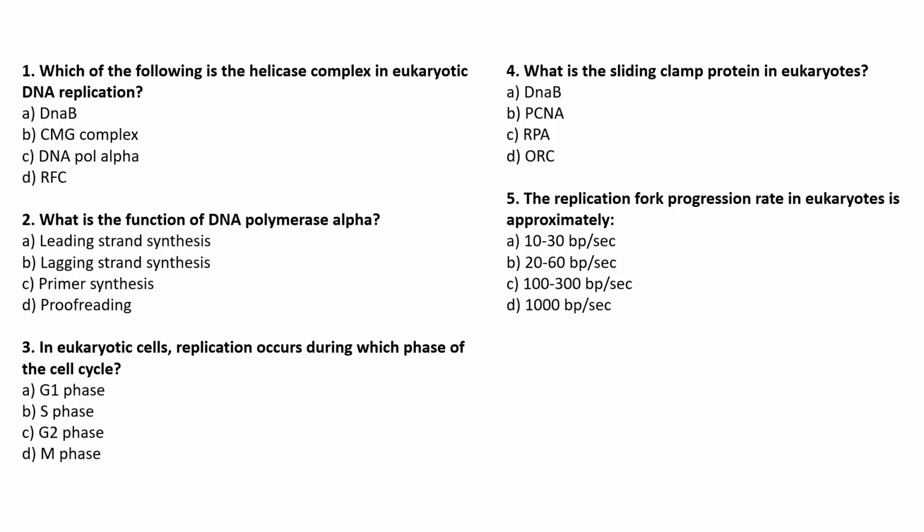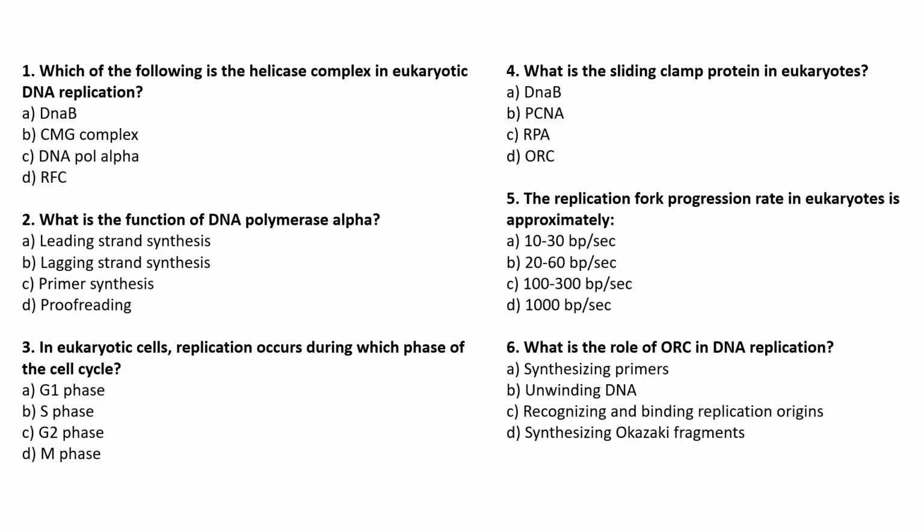It's option B, which is 20 to 60 base pairs per second. So think of how much slower it is in comparison to prokaryotes, which go up to 1,000, right? And still somehow we manage to duplicate our DNA. This is crazy. Okay, what is the role of ORC in DNA replication?